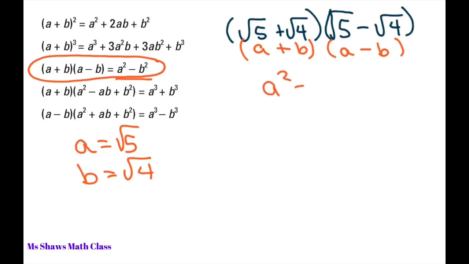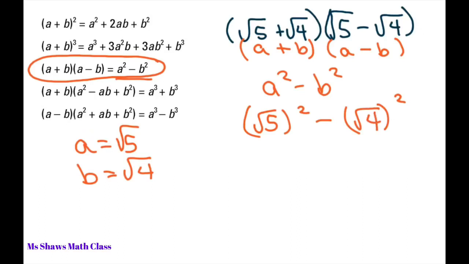A squared minus B squared. So I put parentheses there, and I substitute A, which is square root of 5, and I substitute B with square root of 4. Now square root of 5 squared is 5, square root of 4 squared is 4, so my final answer is 1.